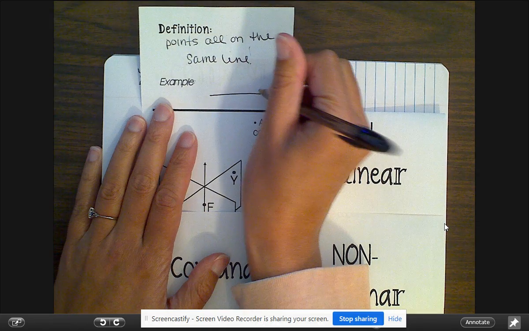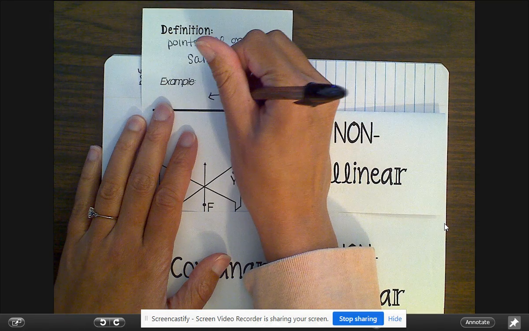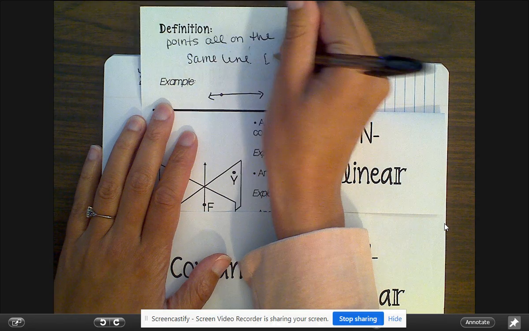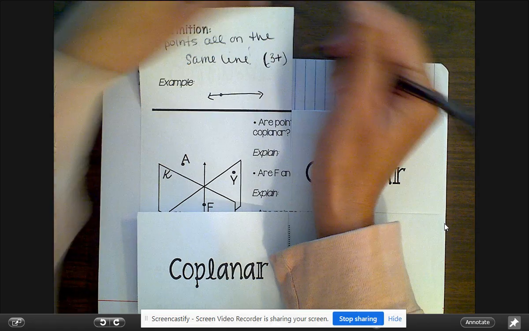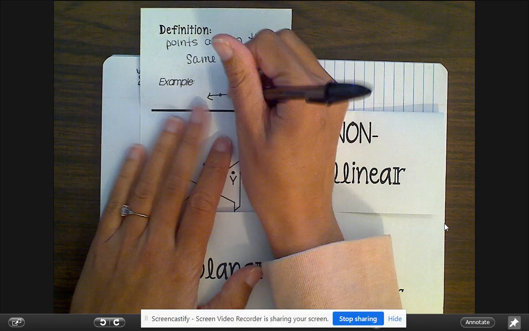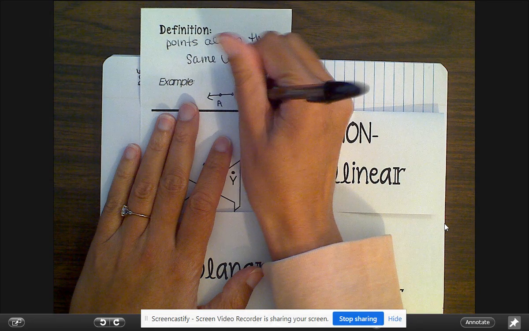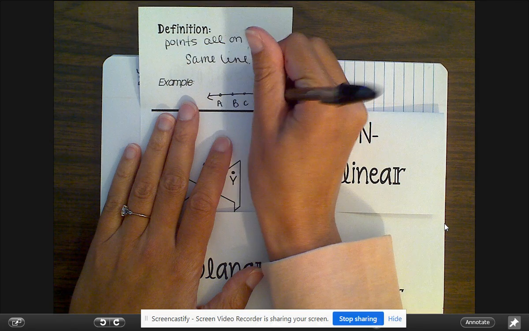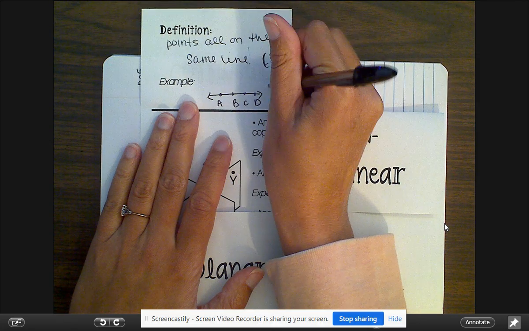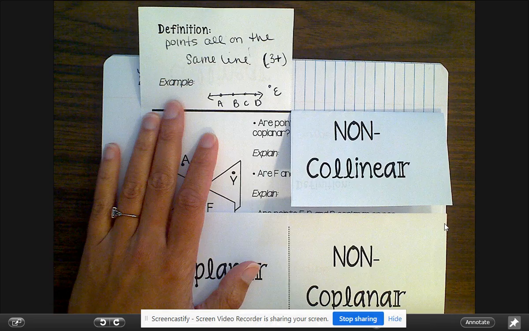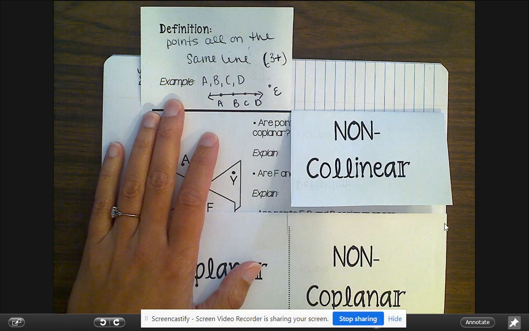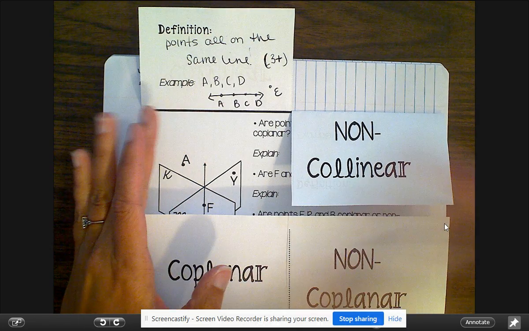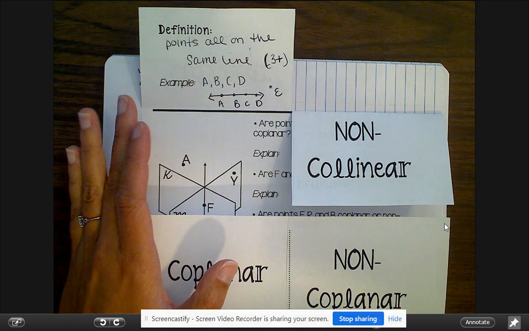Because 2 points will always make a line, it has to be 3 or more points. So if I had the points A, B, C, D, and then E, I could say that A, B, C, and D are collinear. They are all on that line.